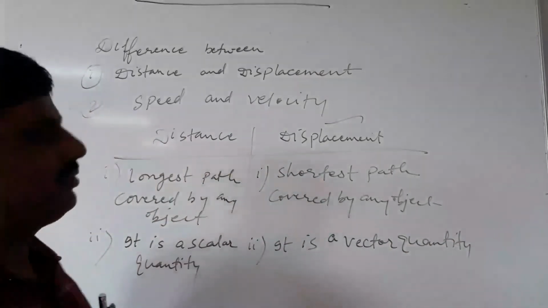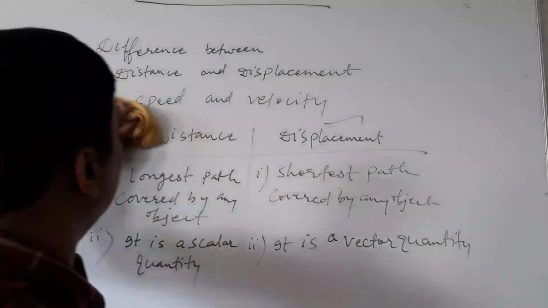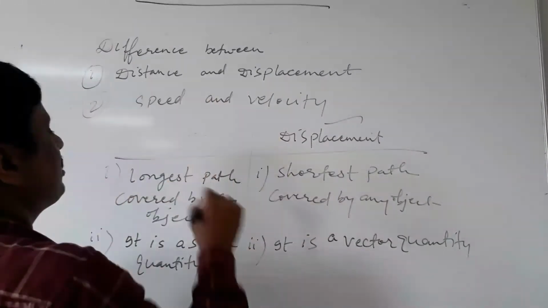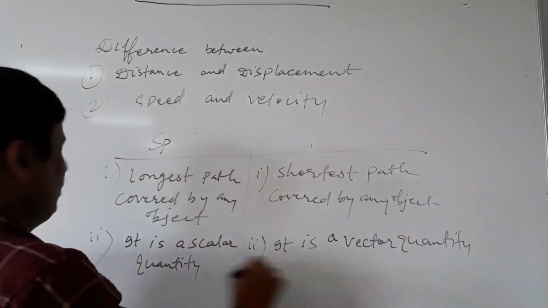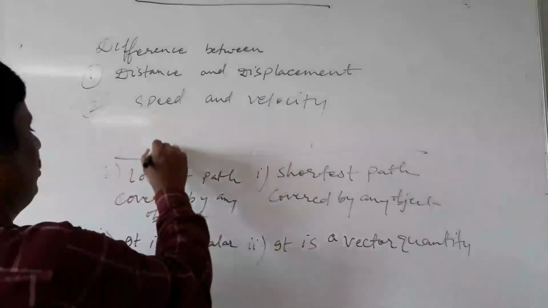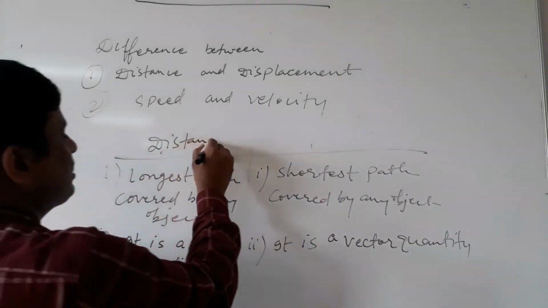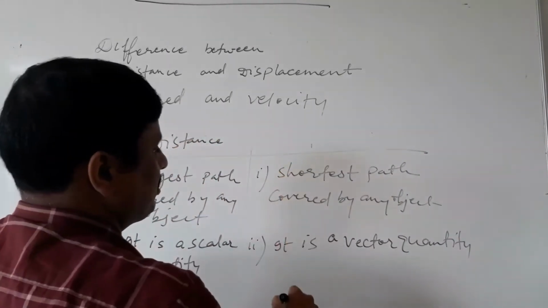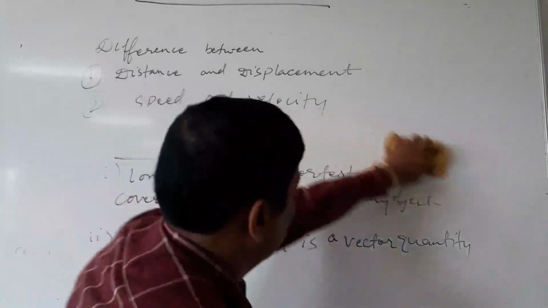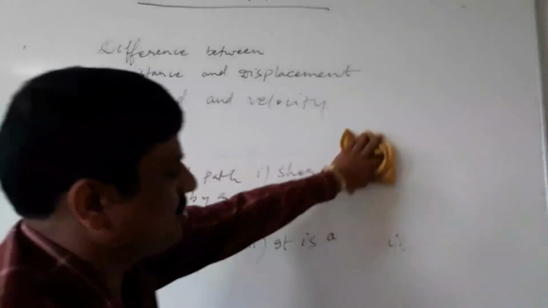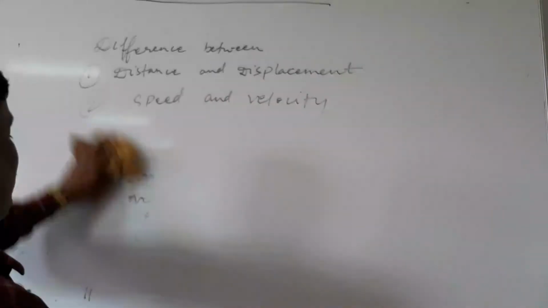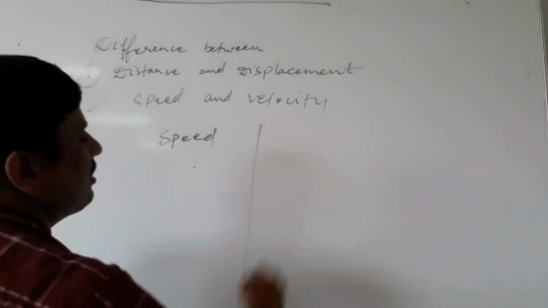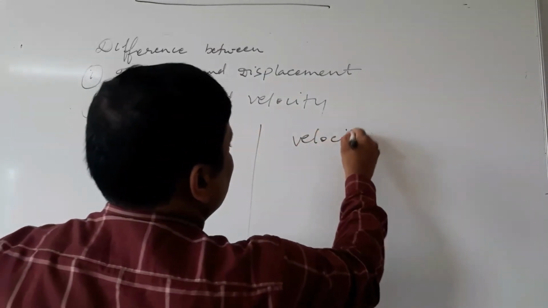You must note this down. In the similar way, for distance and displacement, write the third point by your own. Just try to write one more difference. In the similar way, for speed and velocity differences, one side is speed, one side velocity.